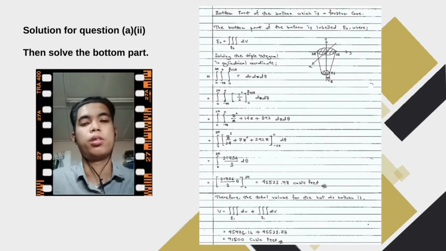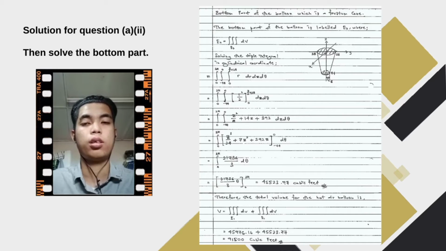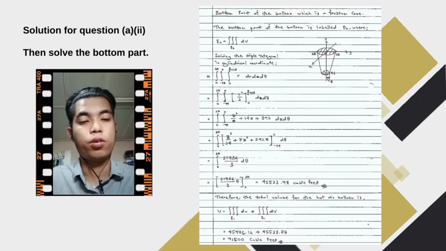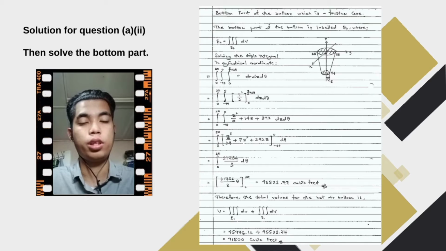Okay, now we will solve the bottom part of the balloon, which is the frustum cone. The arrangement for the dr, dz, d theta in this question is quite different. For this answer, I arrange it into dr, dz, and d theta. So the limit for r for the frustum cone is from 0 to z over 2 plus 28.